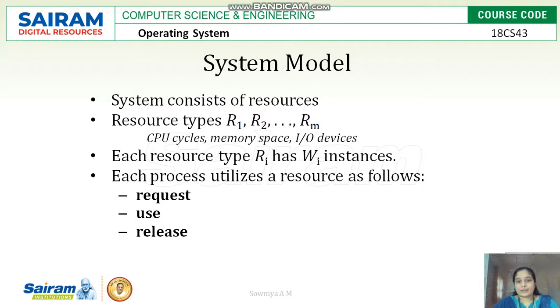So resource types can be given with the name R. Resource types will be R1, R2 till Rm, where each resource type is Ri. If R is a resource and we have m number of resources, we consider the process which is executing at one particular time as i. So Ri will be having Wi instances.